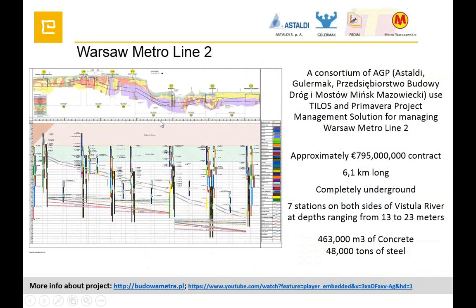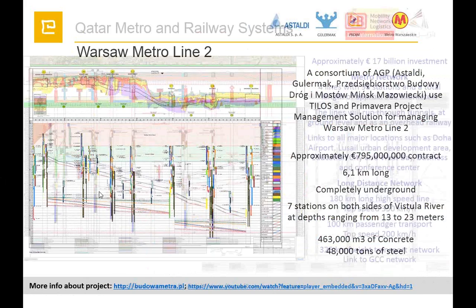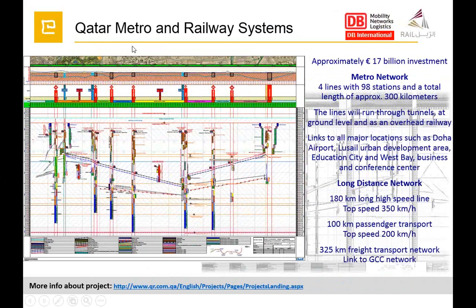On the top we have the drawing, the distance and time. The works are represented here. And this is for the Qatar Metro Railway project, Red Line, one sample.